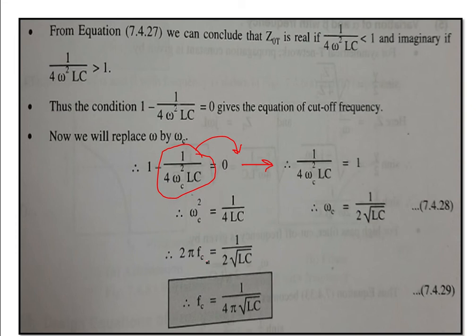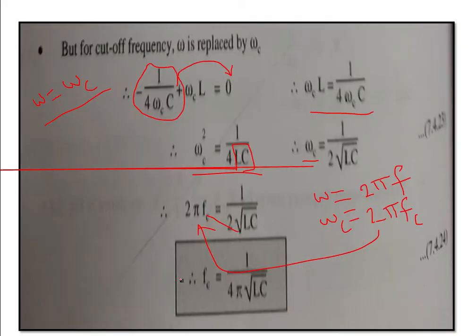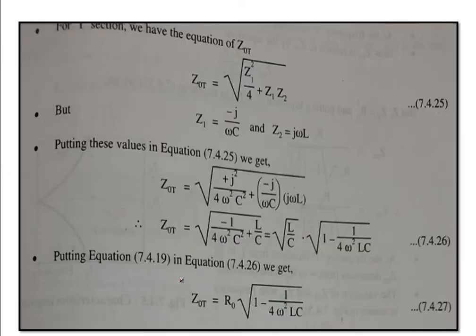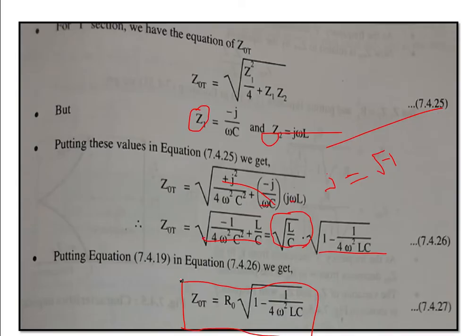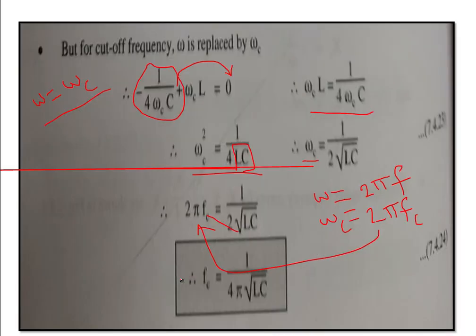That's why fc is equal to 1 upon 2 pi into 2, means 4 pi root of LC. In this way we find the cutoff frequency fc is equal to 1 upon 4 pi root LC. Keep in mind this cutoff frequency is 1 upon 4 pi root LC, and here is the 1 upon 4 pi root LC. Both the equations should be equal.